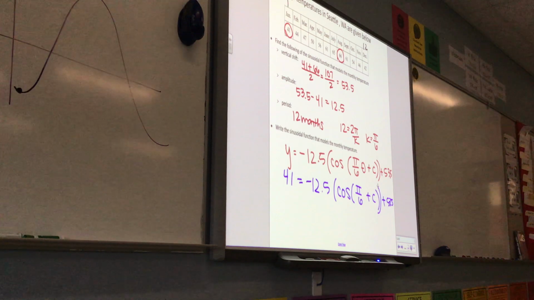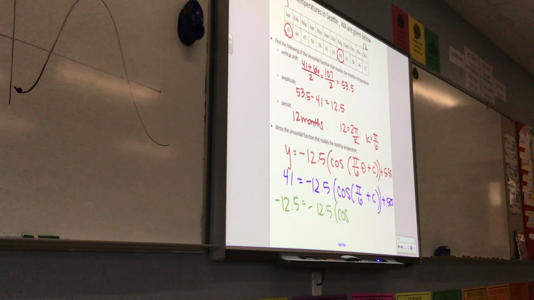for our C. What do you do to solve this? Subtract the 53.5, which is going to give you what? Negative 12.5. That is math you already did, so it should work out. Now what?